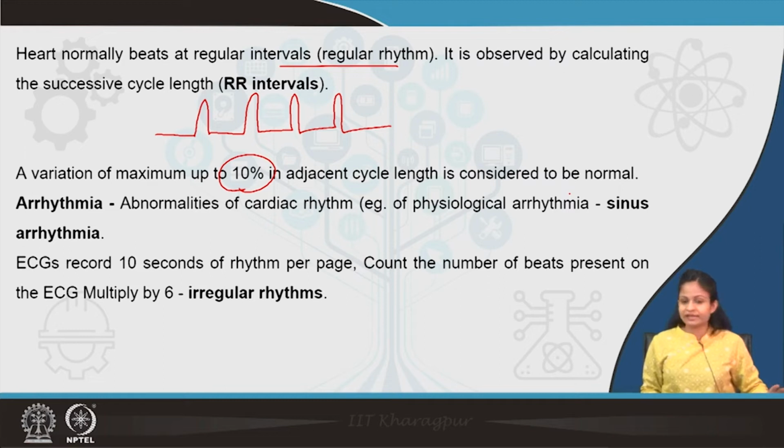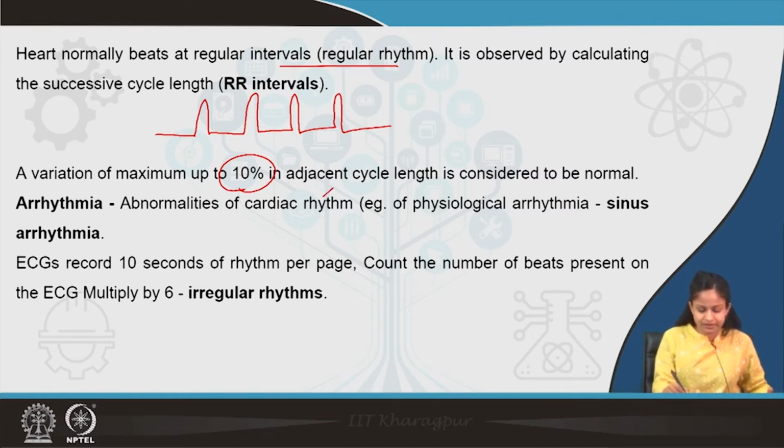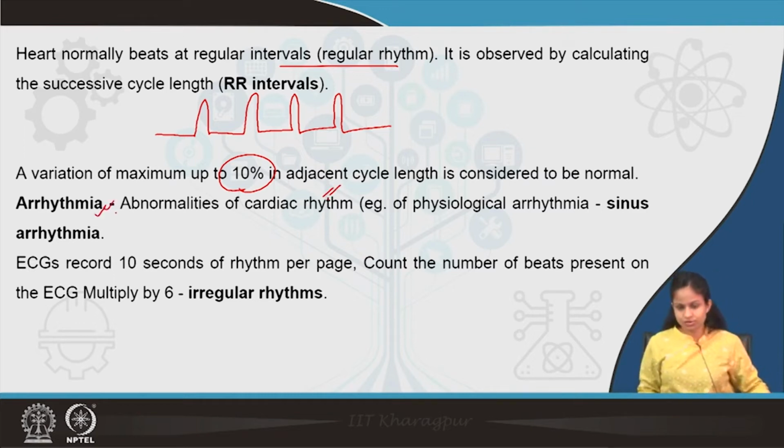But if any abnormality happens beyond this 10%, or any change in the cardiac rhythm occurs, this is known as arrhythmia, and that is pathological. We will study the various types of arrhythmia and how they look in the ECG in further lectures.